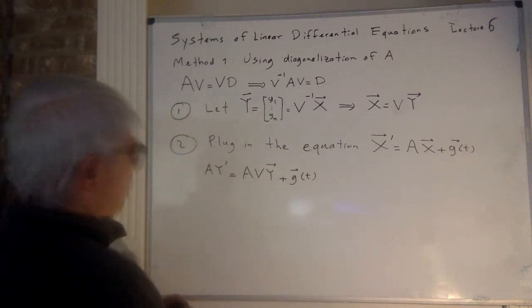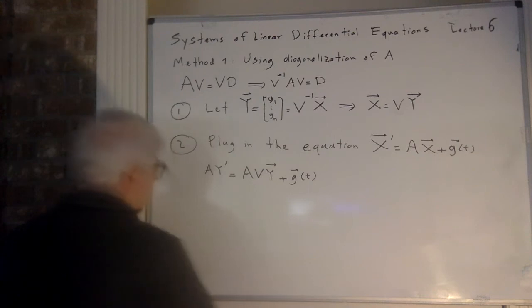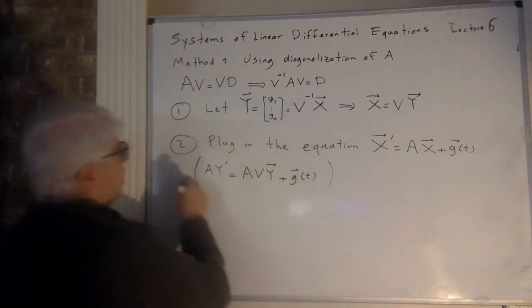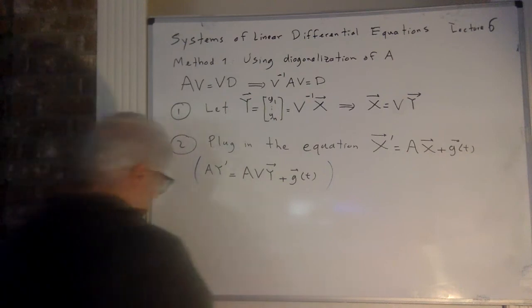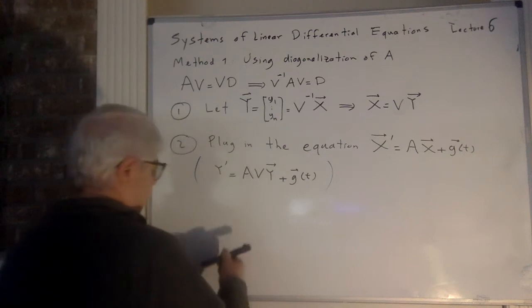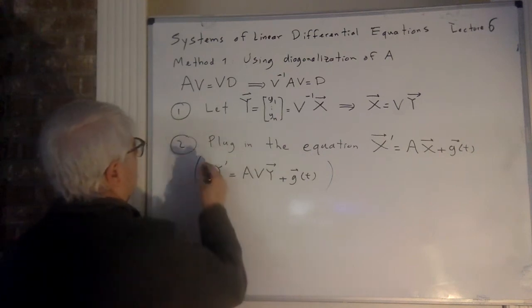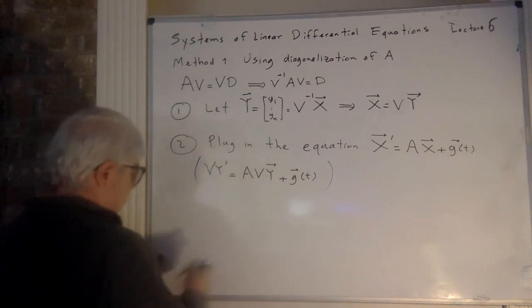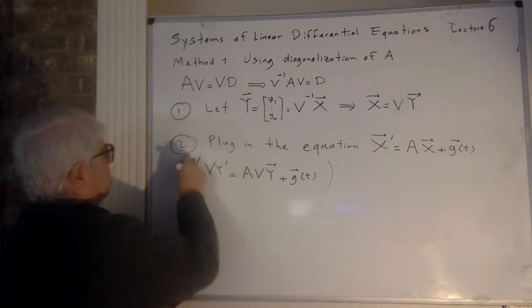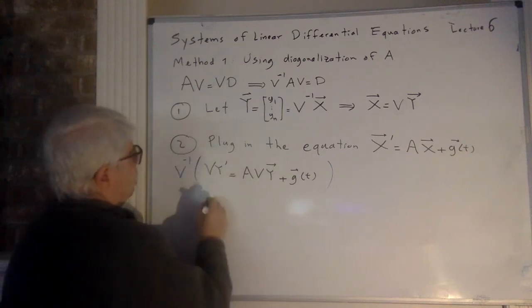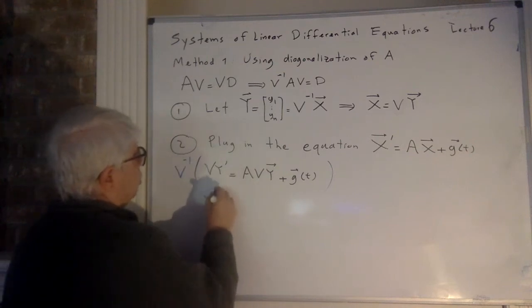Now, if I multiply from the left by V inverse, this is what I get. V inverse V is I, so this one goes away.